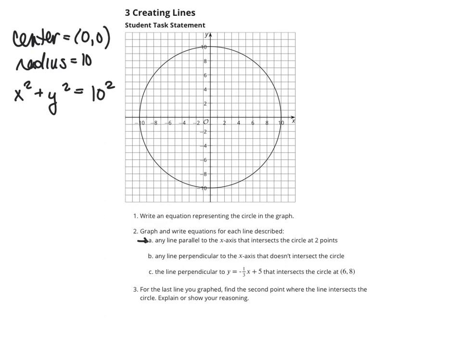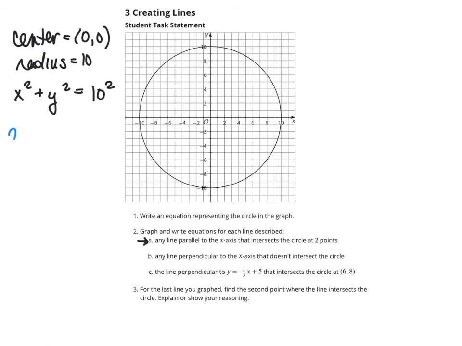A, any parallel line to the x-axis that intersects the circle at 2 points. I need it parallel to the x-axis. That means it's going to look like that or like this, anywhere up and down the y-axis. If I make any line horizontal, it's going to be parallel to the x-axis.